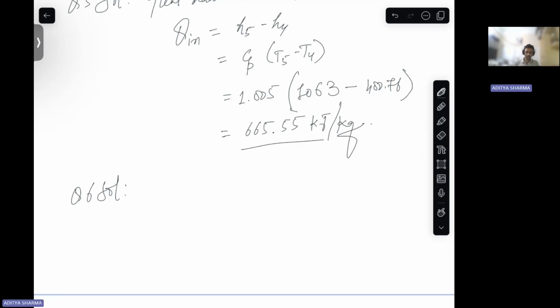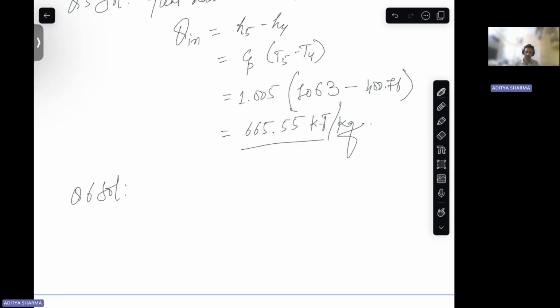So first we will find out T6 dash, then T6.